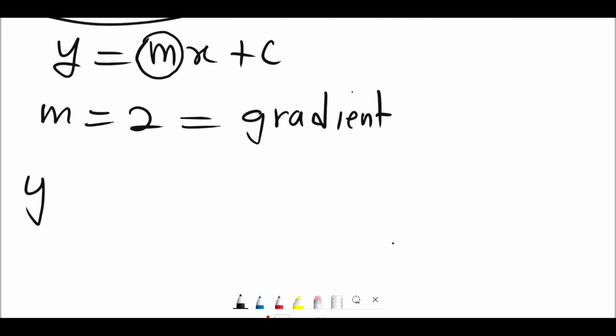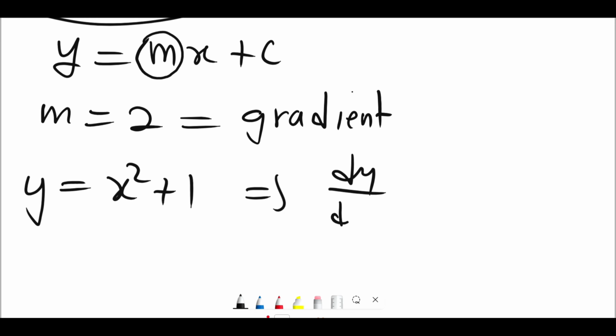Our curve is y equal to x squared plus 1, so let us find our dy dx. Our dy dx will be 2x. Now this is also a gradient, but it is a gradient function because we still have x here.